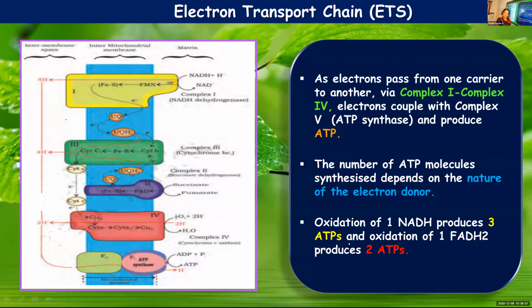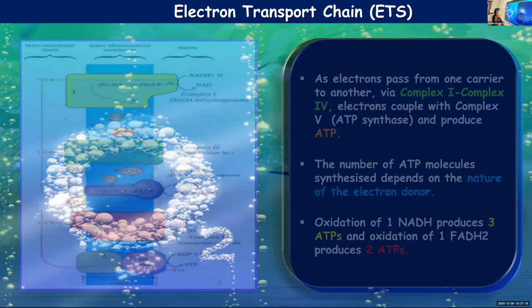But utilizing the electrons released from one FADH2 molecule, we can synthesize 2 ATP molecules. Using one molecule of NADH, 3 ATPs, and using one molecule of FADH2, two ATP molecules will be synthesized.